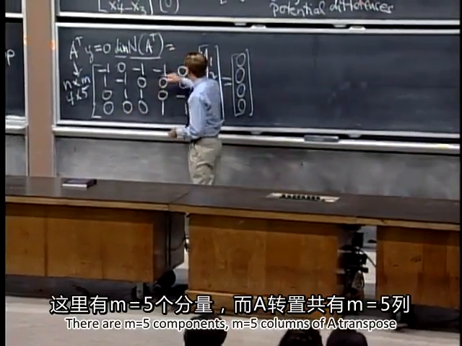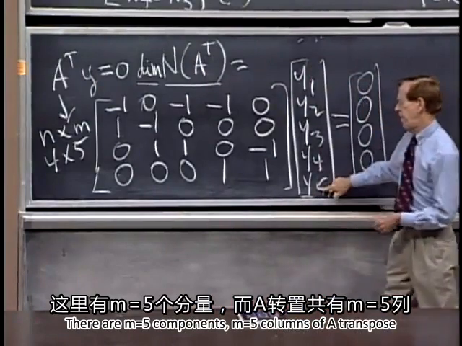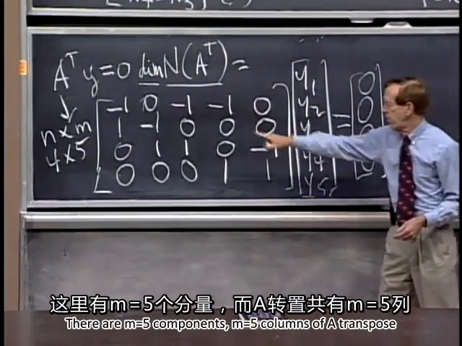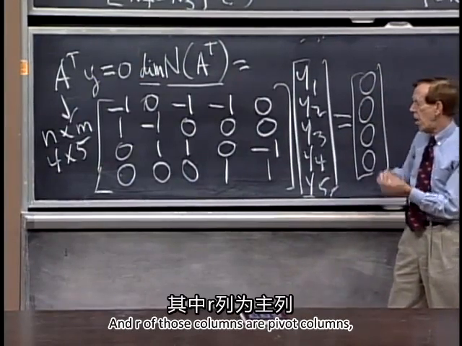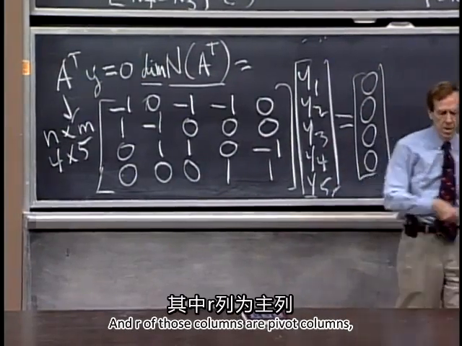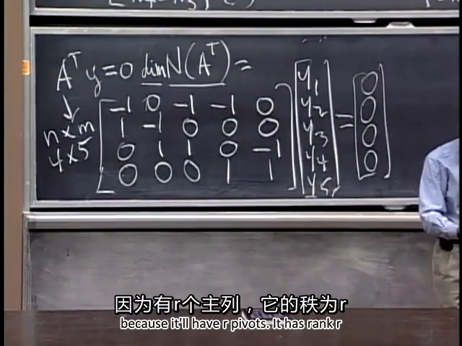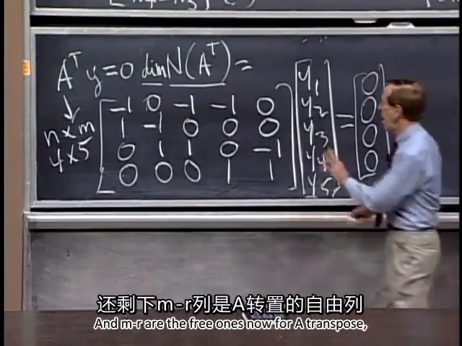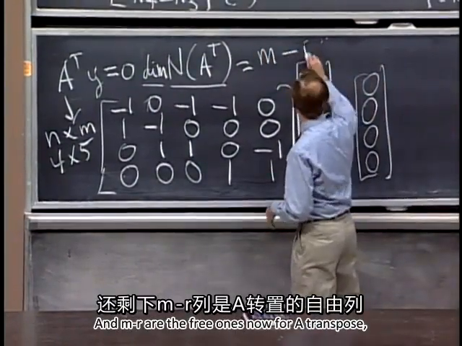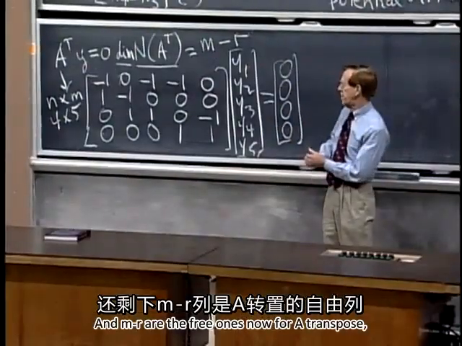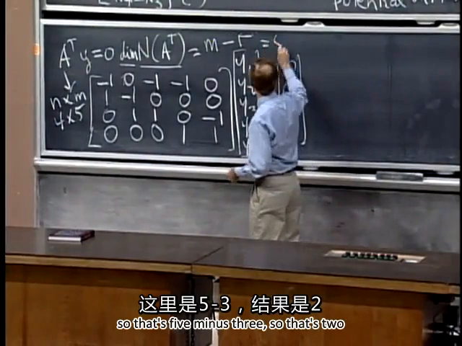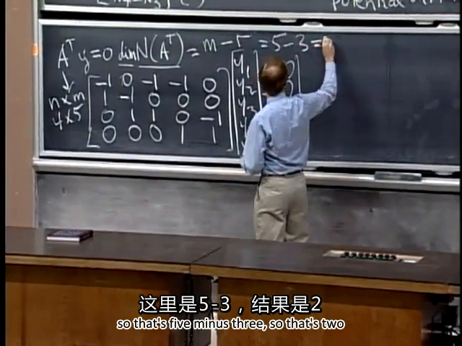There are M equal 5 columns of A transpose, and R of those columns are pivot columns because it has rank R, and M minus R are the free ones. So that's 5 minus 3, so that's 2.